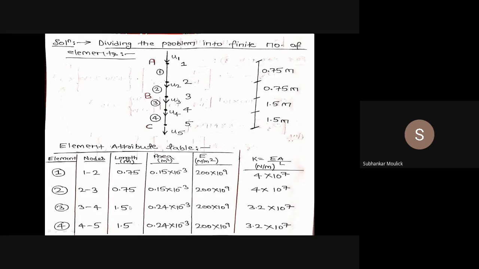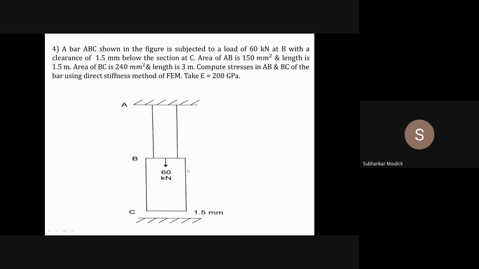The area is also given to you. If you see in the problem, it has been told that the area of AB is 150 mm square. Since I have divided AB into two elements, element number 1 and element number 2, for both element 1 and element 2 the area will be 150 millimeter square.